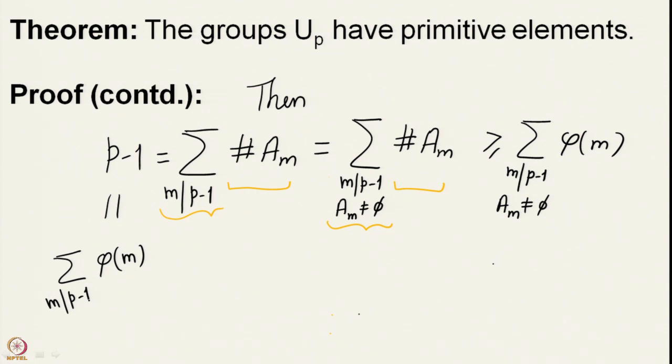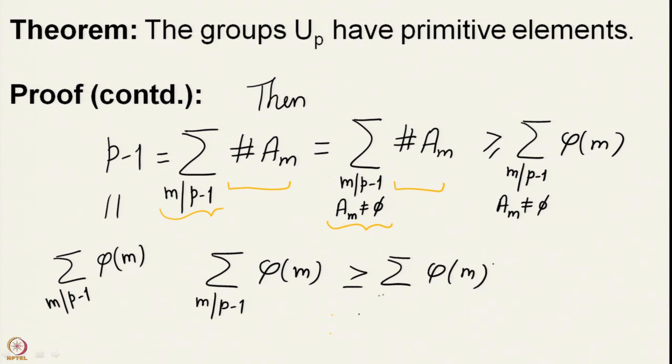So what we now have is that the summation of phi(m), m dividing p minus 1, is of course bigger than or equal to the summation of phi(m), where m divides p minus 1 and A_m is non-empty.